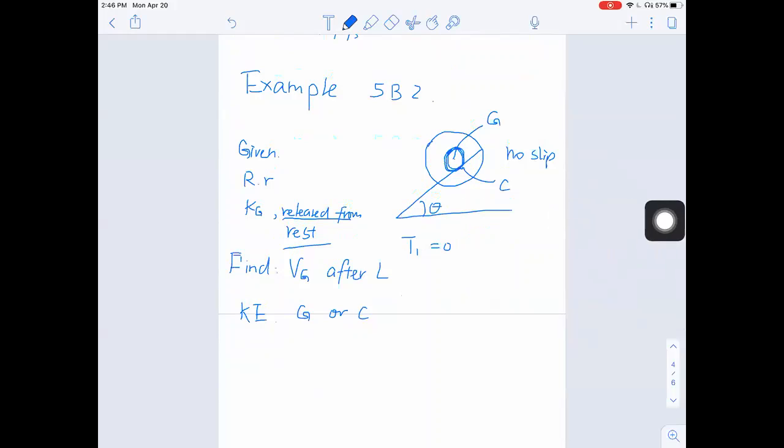If you apply the equation V_G equals V_C plus omega cross r_G/C, you would end up with V_G equals positive omega r instead of negative omega r.